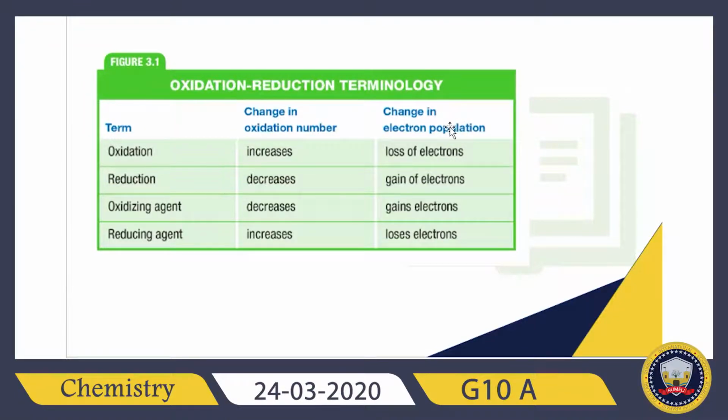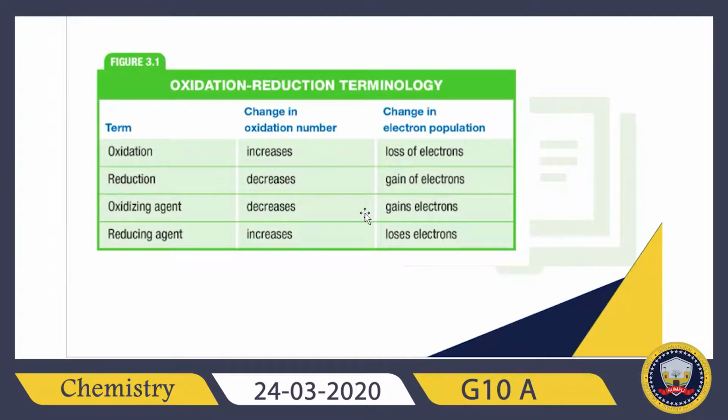The change in electrons is a loss of electrons; we know this is oxidation. Reduction: the oxidation number decreases, with gain of electrons. Now the oxidizing agent, remember, is the element or compound on which a reduction process happened. So do you see? Decreases, also gain of electrons.